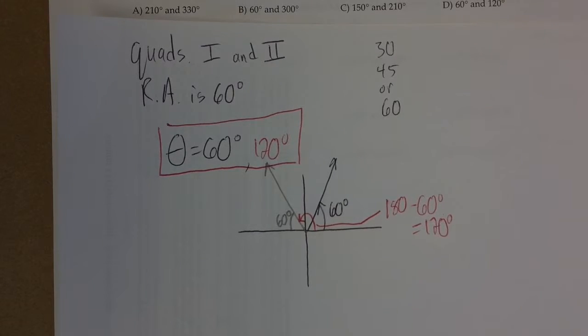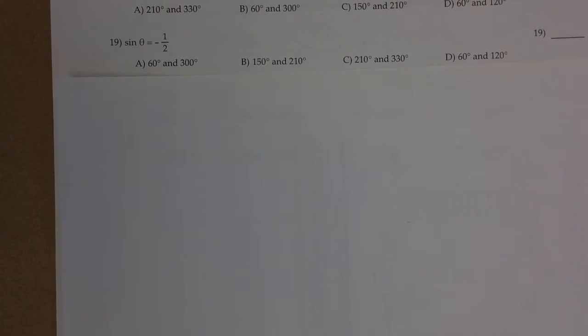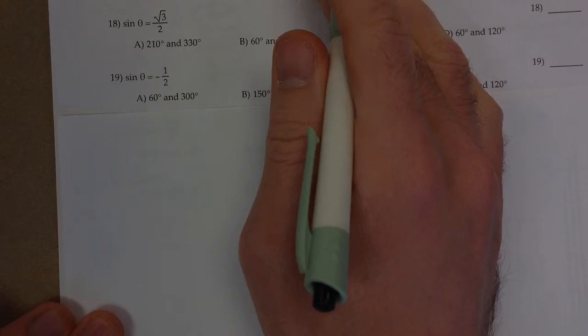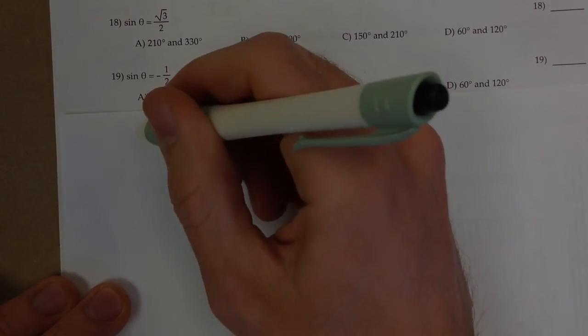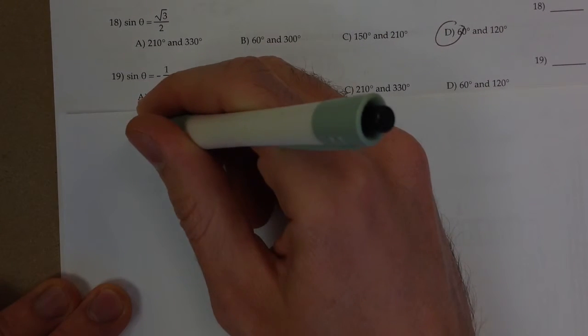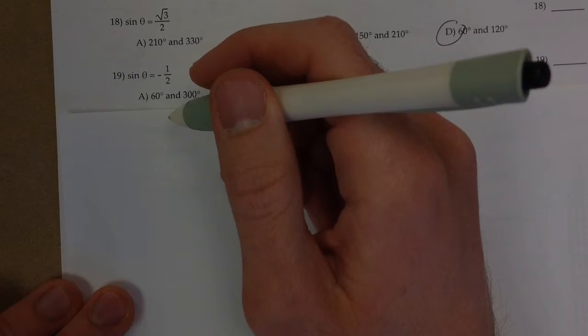Good. All right, next random person is Nakia. We got this, Nakia. Tell me first, when is sine negative? We're on 18, right? Number 19. Sine is negative in the third and fourth.